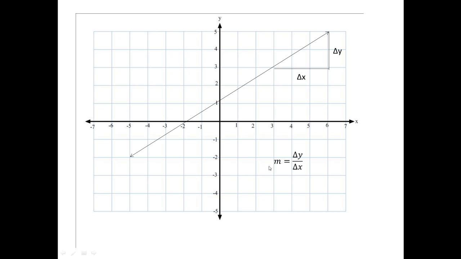So remember, m is the increase in y compared to the increase in x, or commonly we say that as rise over run. So we said the change in y is 2 and the change in x is 3, so let's put that in. So 2 units compared to 3 units, and so our gradient is 2 over 3.